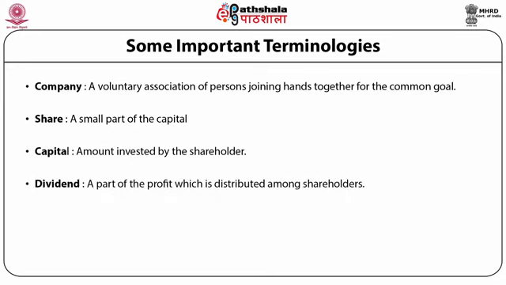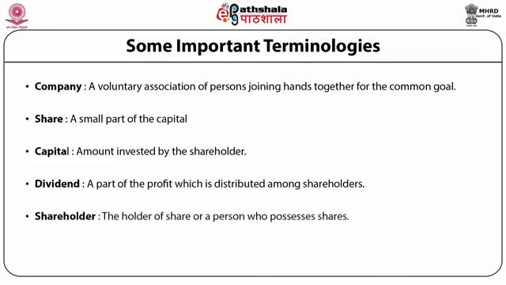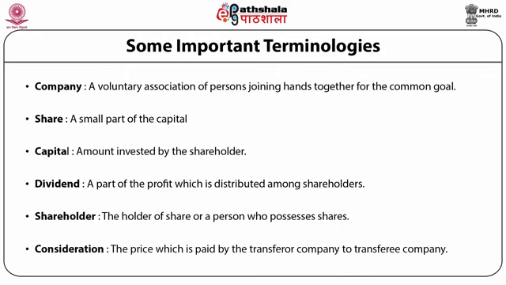Dividend. Dividend is a part of the profit which is distributed among shareholders. Shareholder. The holder of a share or a person who possesses shares. Consideration. The price which is paid by the transferee company to the transferor company.